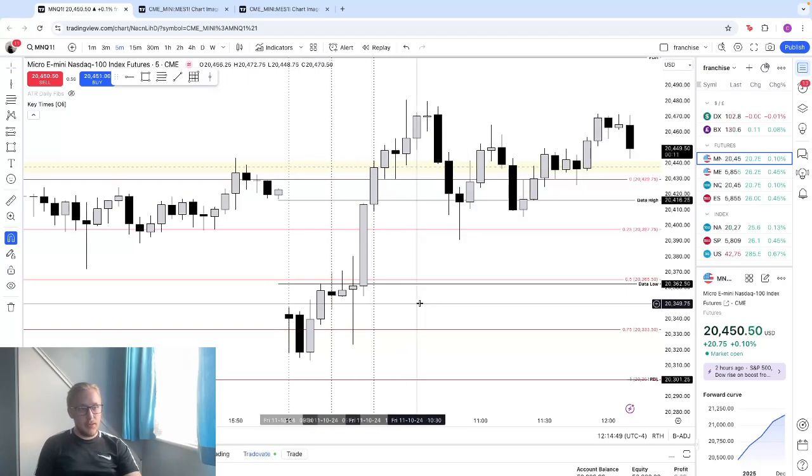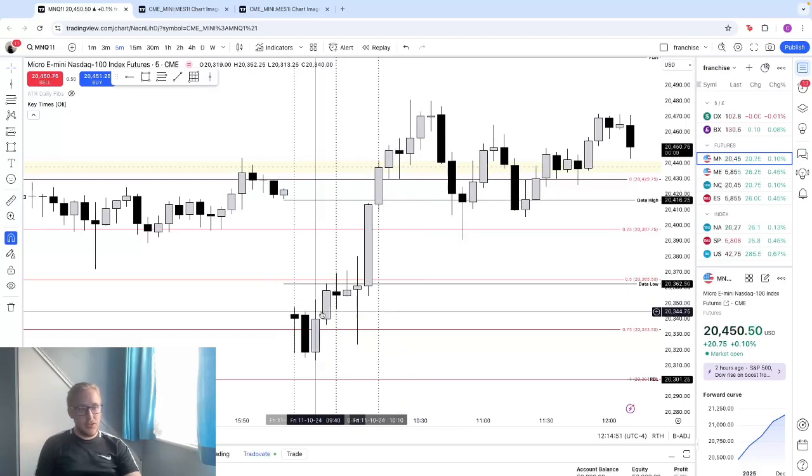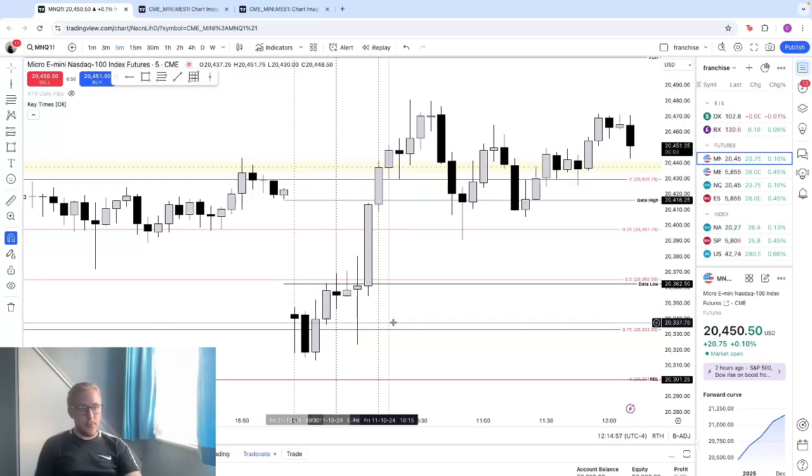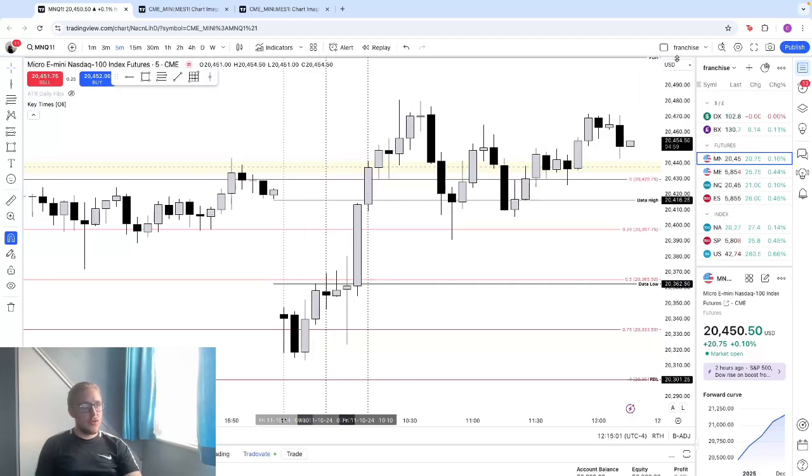That would have been honestly the best trade you could have took, because at 9:45 we get the CSD, and then we wouldn't have traded until the macro. So yeah, that would have been my eyes lighting up for that long.